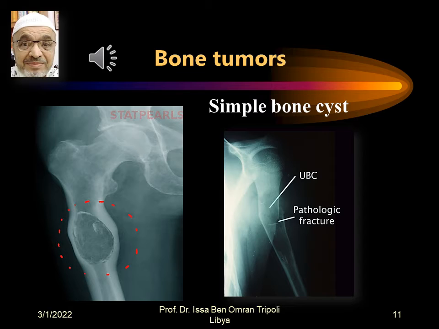It is one room, one camera, isolated, and on the right side we find the simple bone cyst with pathological fracture in the humeral bone near the shoulder joint.